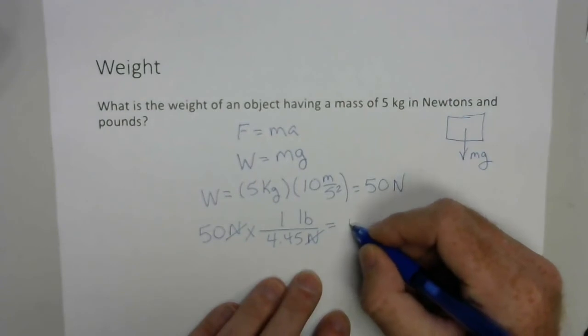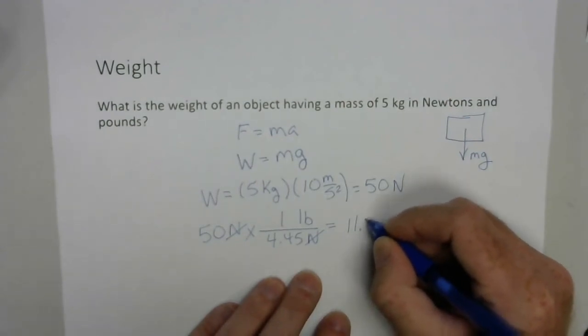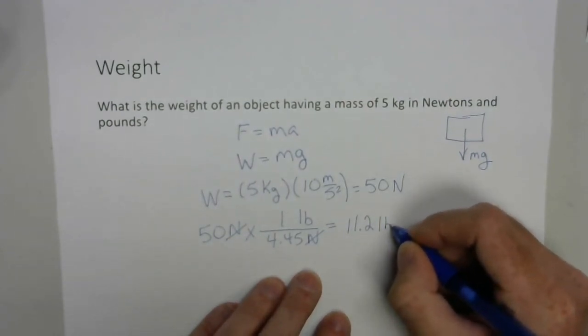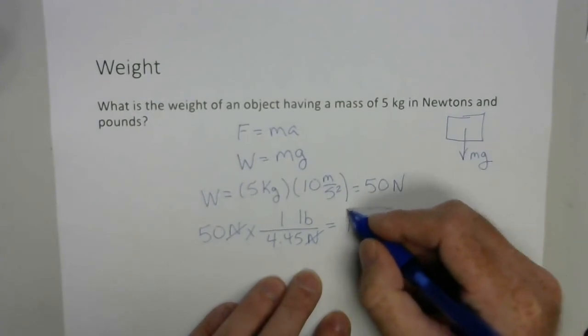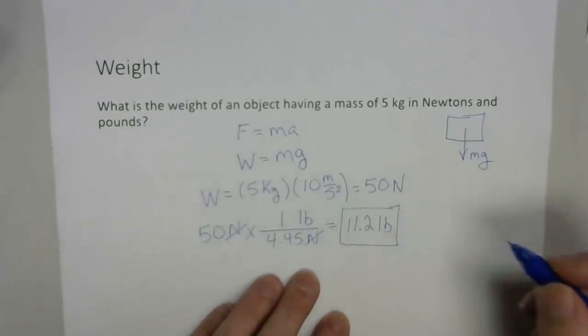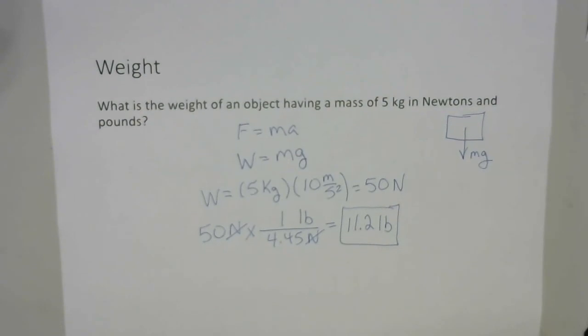And we get 11.2 pounds. And that makes sense. We could have directly converted the kilograms to pounds, but in this case, I want you to see the conversion between newtons and pounds. So 11.2 pounds.